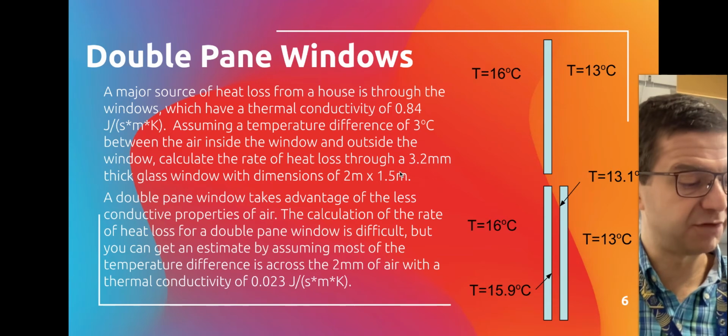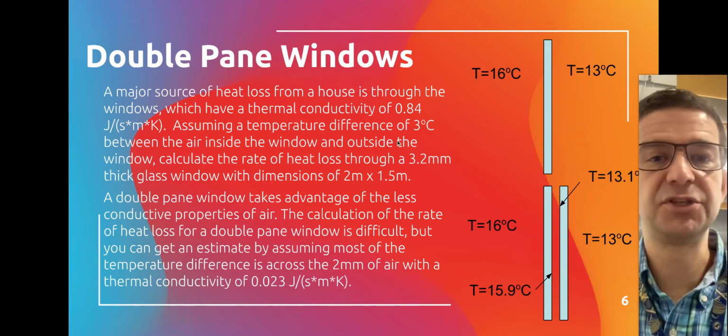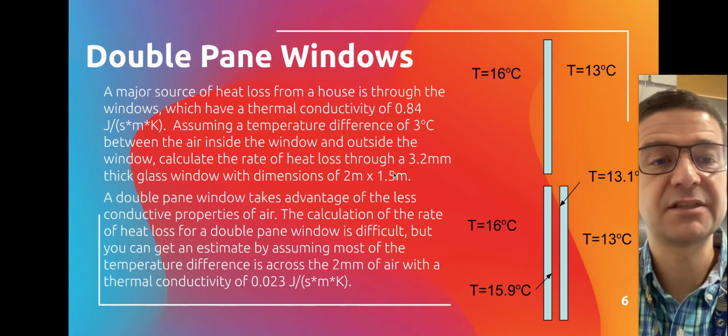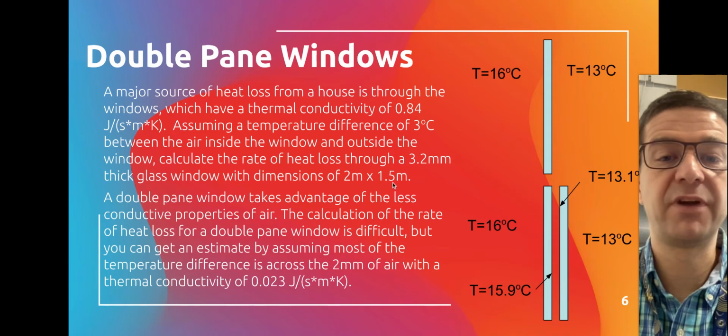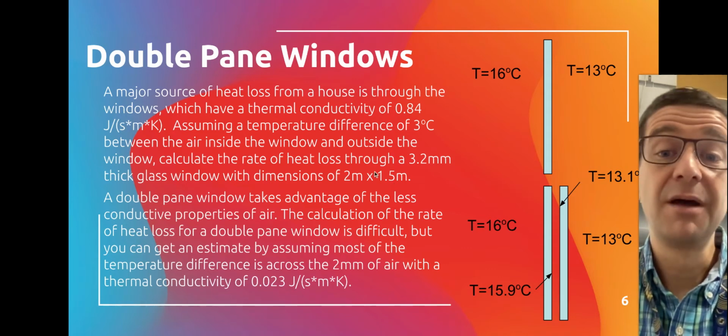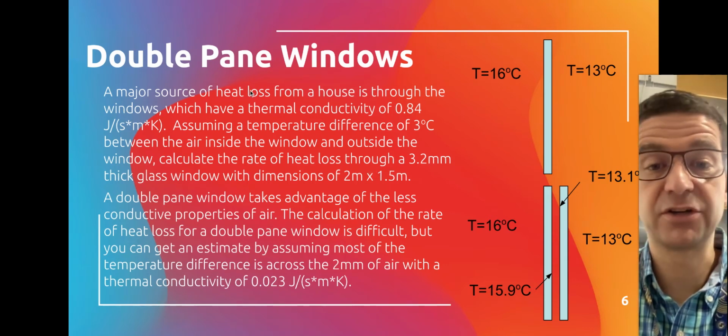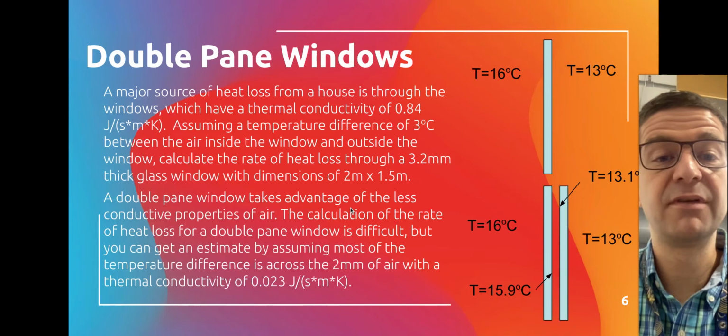When you do, the value that you should get is about 2.4 kilowatts for the energy loss. A 2 meter by 1.5 meter window is pretty large, but that's a lot of energy being lost through the window, almost the same as having a hairdryer turned on if you're trying to maintain that temperature difference.